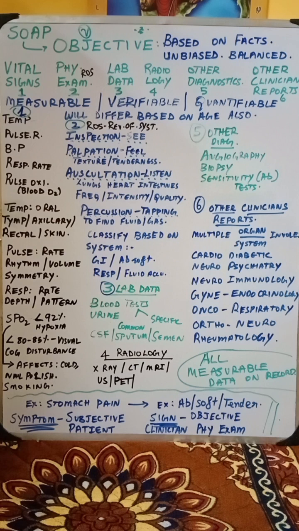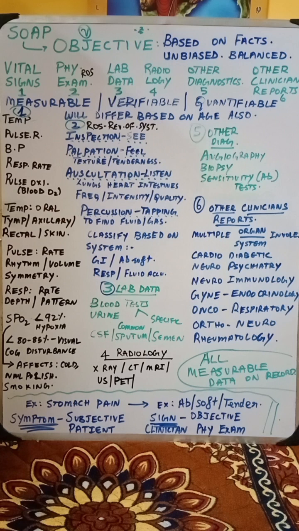Not only that, in case of the past medication history or a chronic history, or a surgery that has been undergone by the patient when he is coming over here, those reports will give you a lot of data which the patient may not give in the subjective or even in the objective assessments, right? So all measurable data should be put on record, right?